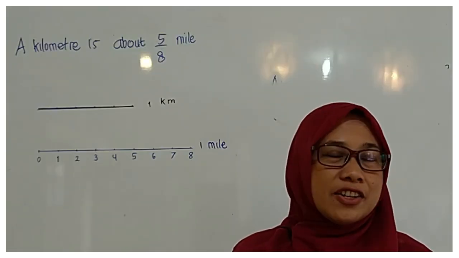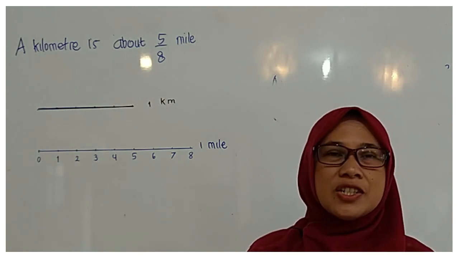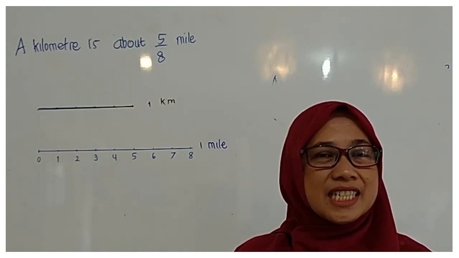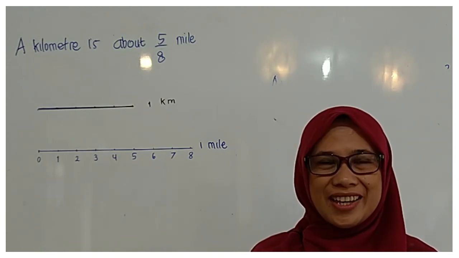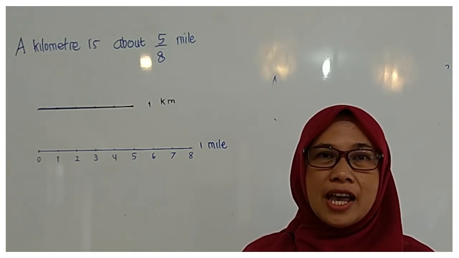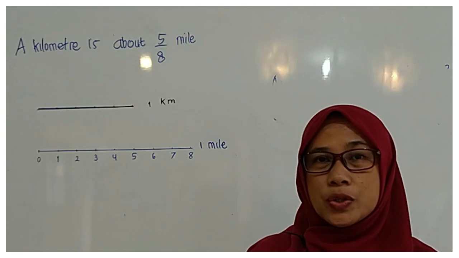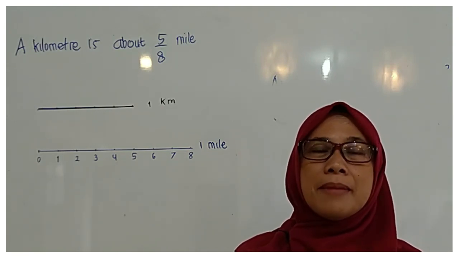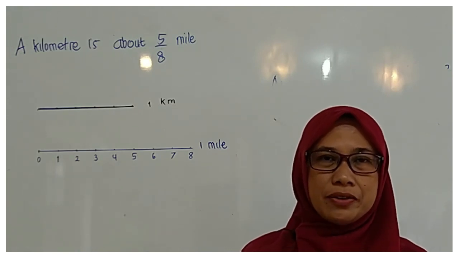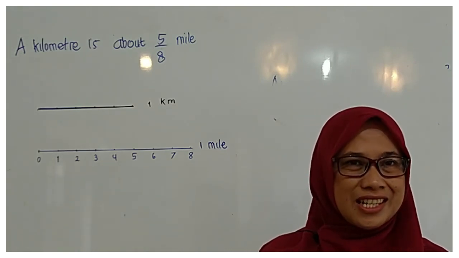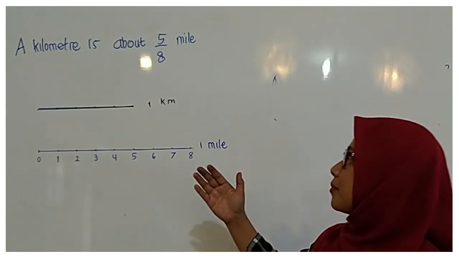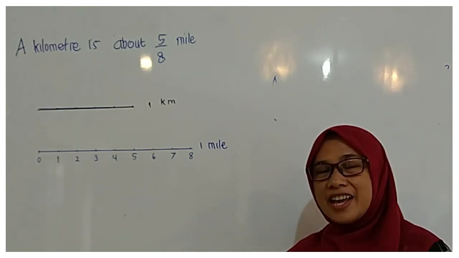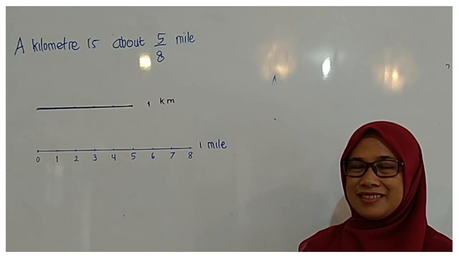Student, in Indonesia, we usually use meter or kilometer. But in other countries like the UK, USA, and Liberia, they use mile. How do we compare the mile and kilometer? Let's see the picture here. A kilometer is about 5/8 mile.